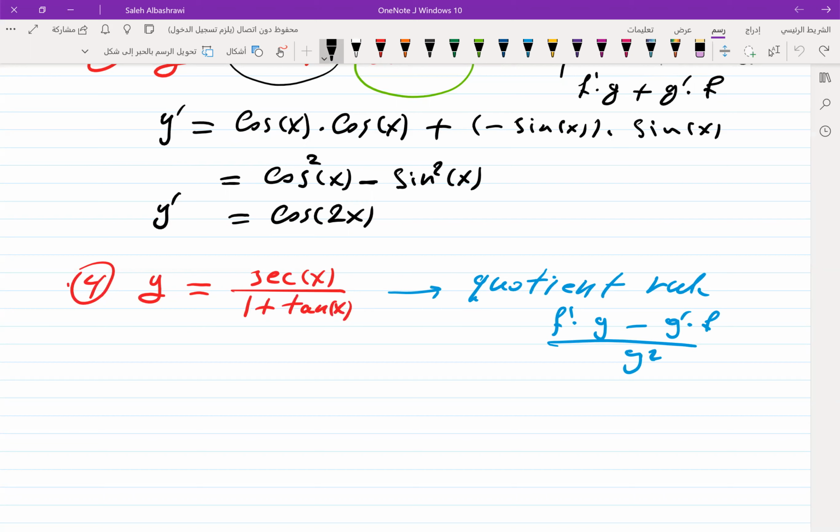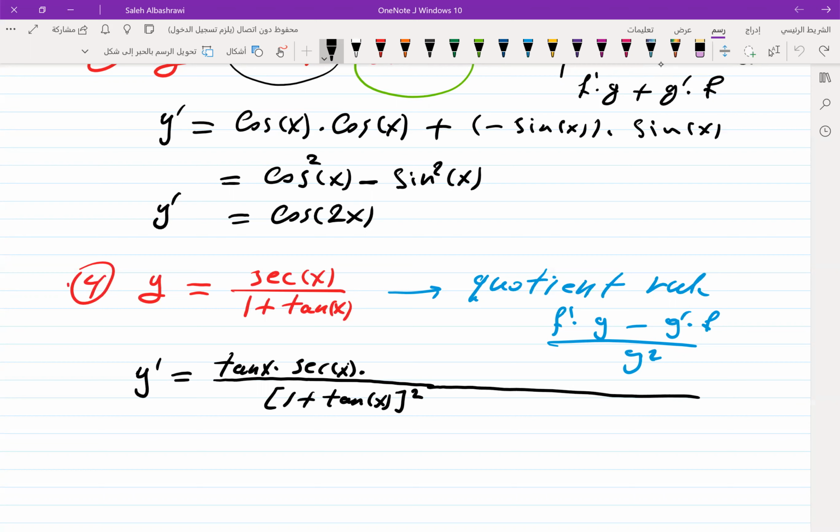So the derivative of this function, y prime, equal to the denominator square, which is 1 plus tangent square. Now the derivative of the numerator secant x equals tangent multiplied by secant x, multiplied by the denominator, which is 1 plus tangent.